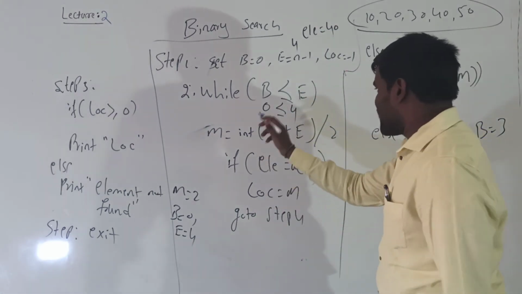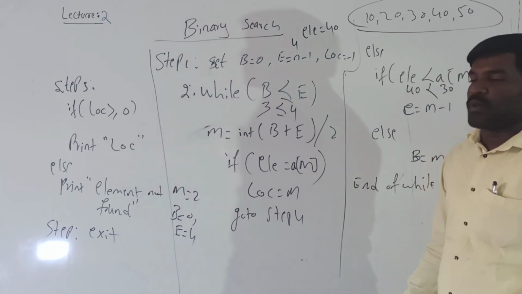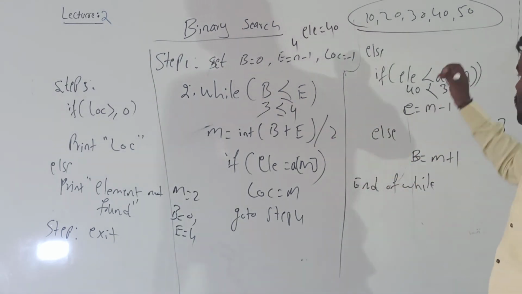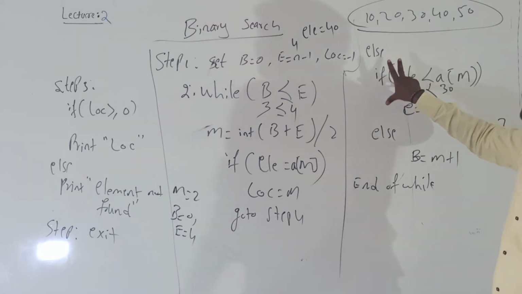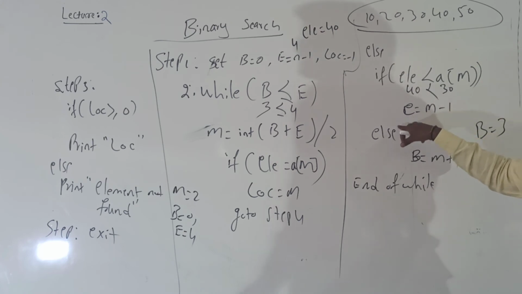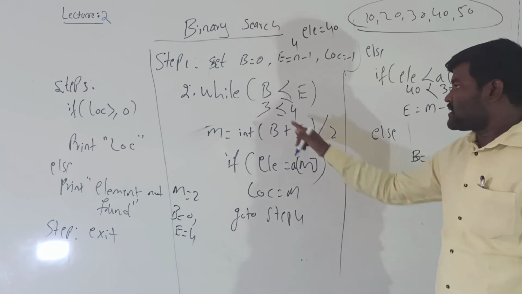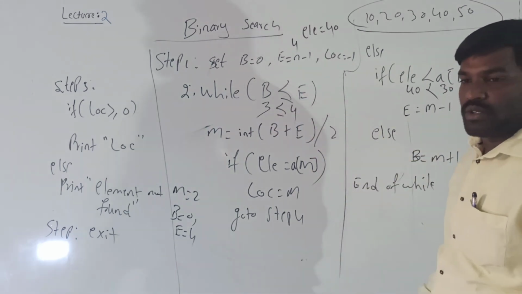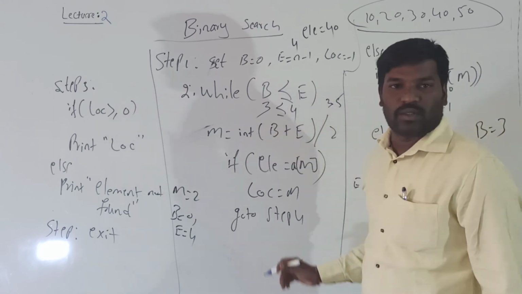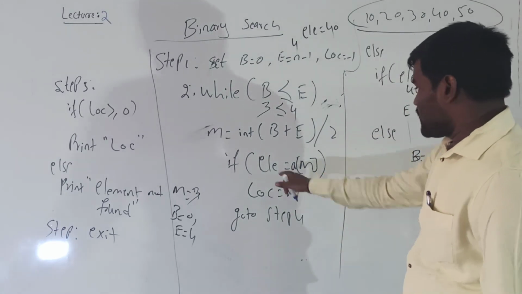So again the loop will continue. The present value of b is 3. 3 is less than or equal to 4, and the end value stays as it is. We cannot change the end value unless the else if condition is satisfied; only then the end value is updated. 3 is less than or equal to 4, condition is true. 3 plus 4 is 7, 7 by 2 is 3.5, converted to int, so m becomes 3.